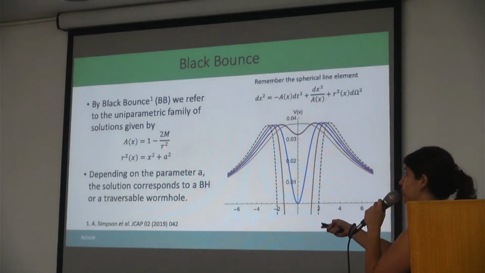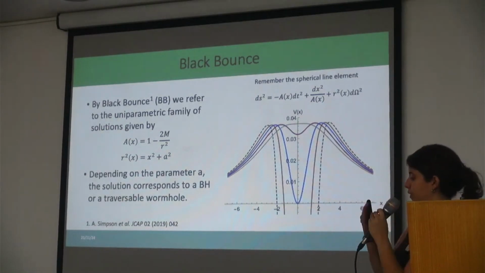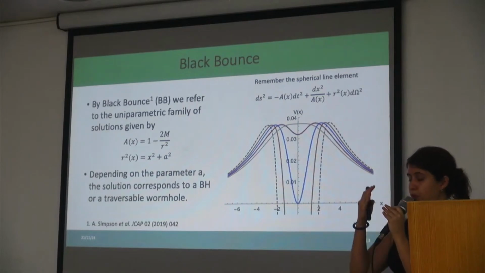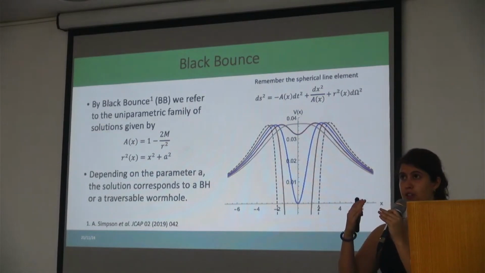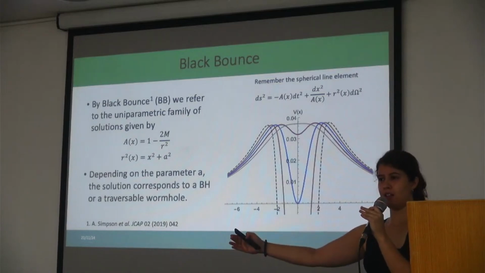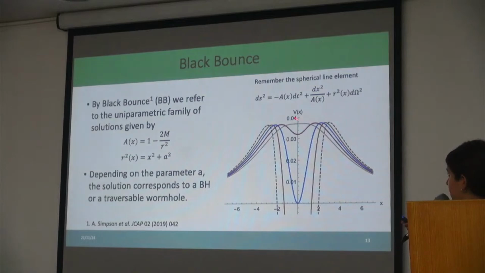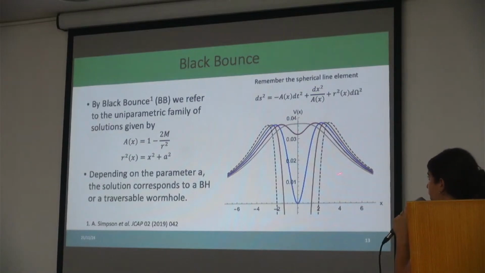So depending on this a, we can have the wormhole throat get until the horizon, or even after the photosphere. This is what we plot here, which is the potential that the light rays see, and this dashed black one is the Schwarzschild case.